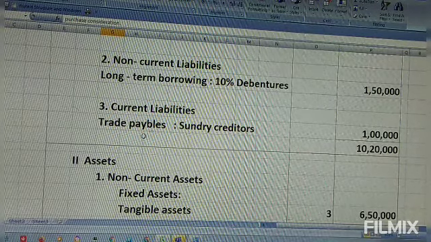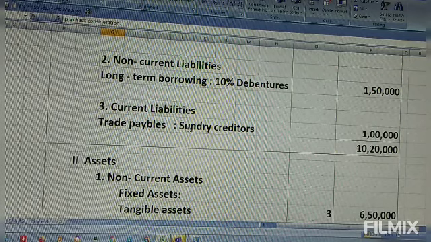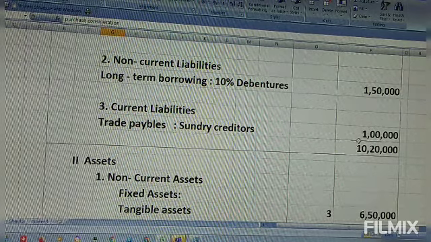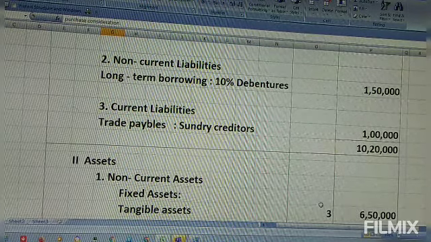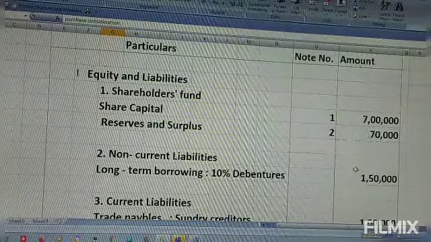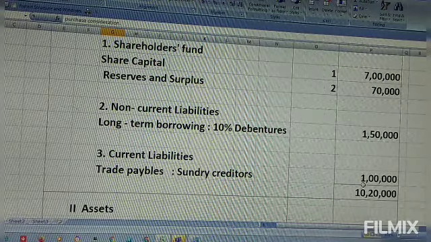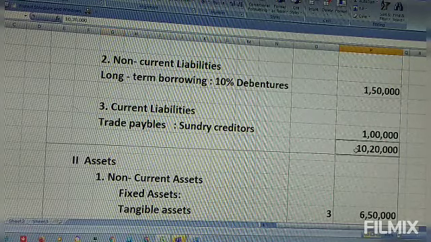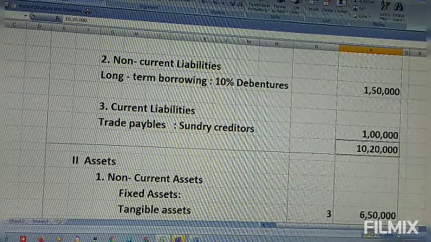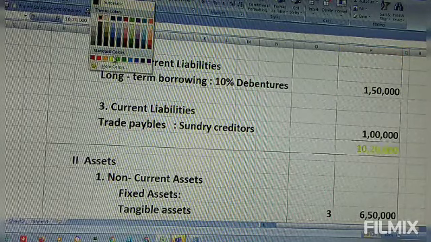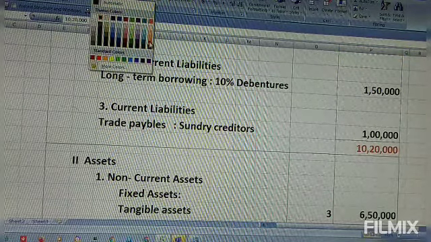It's not there, but trade payables, that is sundry creditors, is there. The value is 1 lakh. Altogether, all the liabilities together: 7 lakh plus 70,000 plus 1 lakh 50,000 plus 1 lakh. It is 10 lakh 20,000.